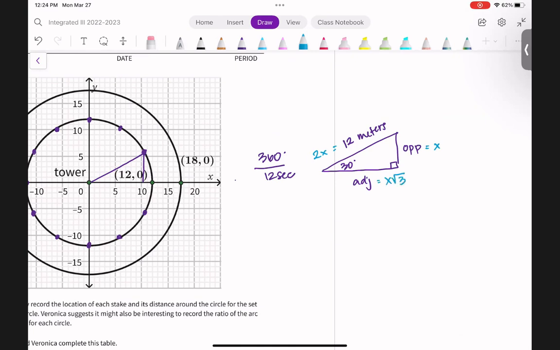All right. So then I'm just going to solve. If 2x is 12, this implies that x equals 6 meters. So this is 6 meters. And then this is 6 root 3 meters, which, because they want actual locations, they probably do want decimal equivalents.